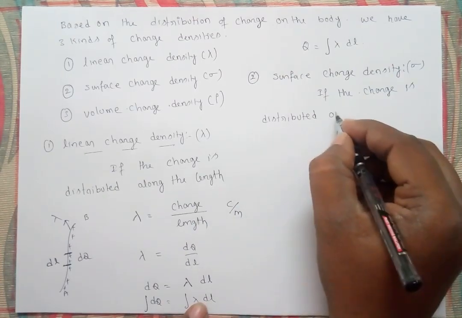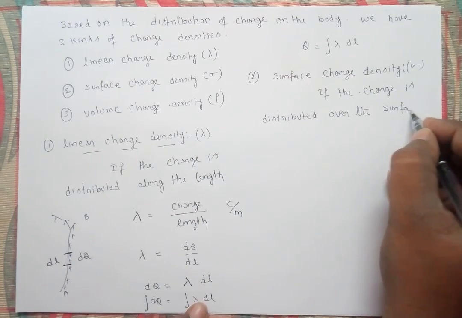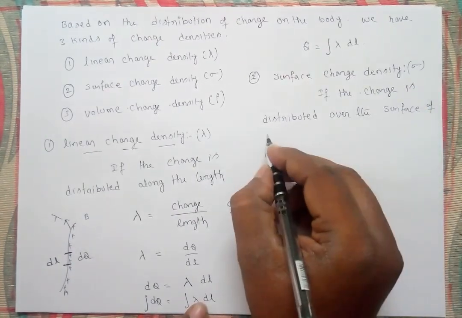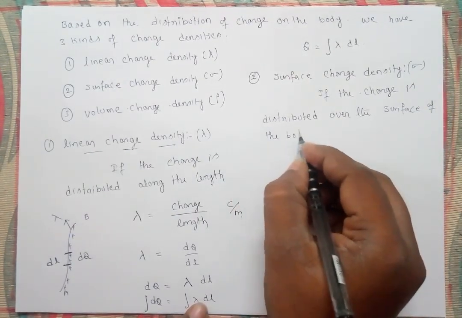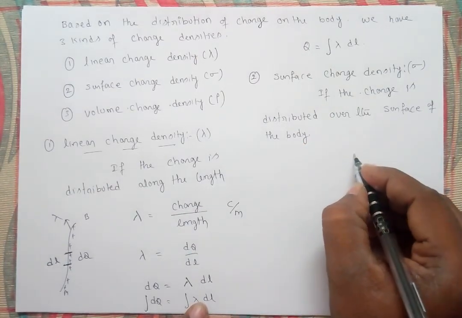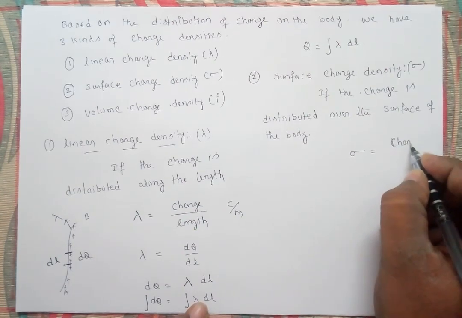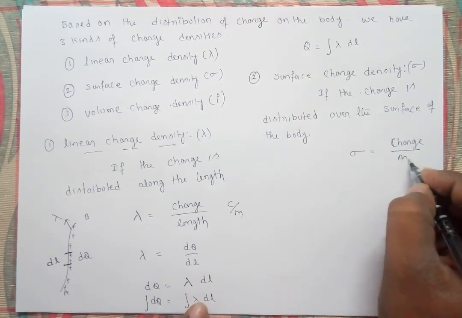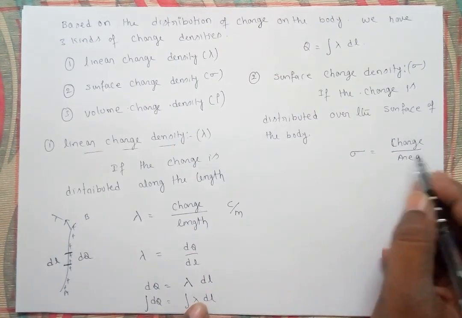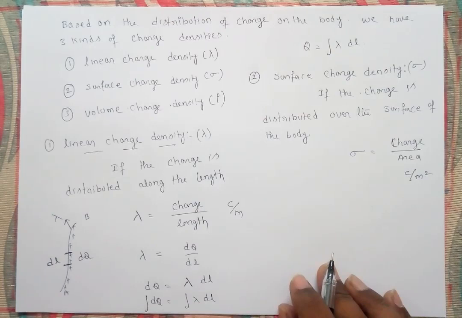Sigma we can write as charge per unit surface area. So the units are coulomb per meter square.